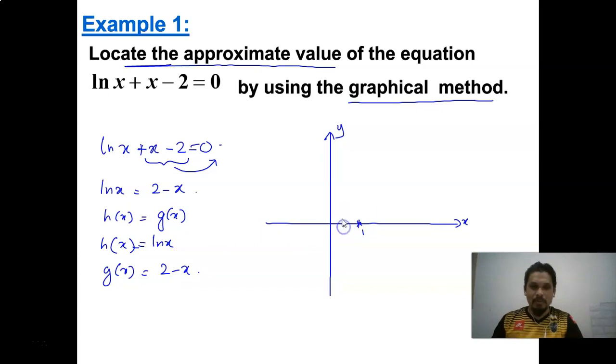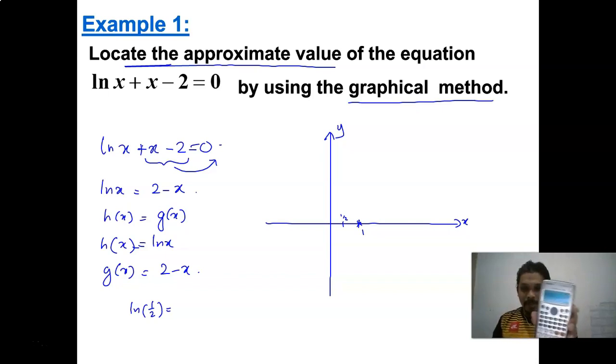Using the calculator, natural log of 1 over 2 is negative.